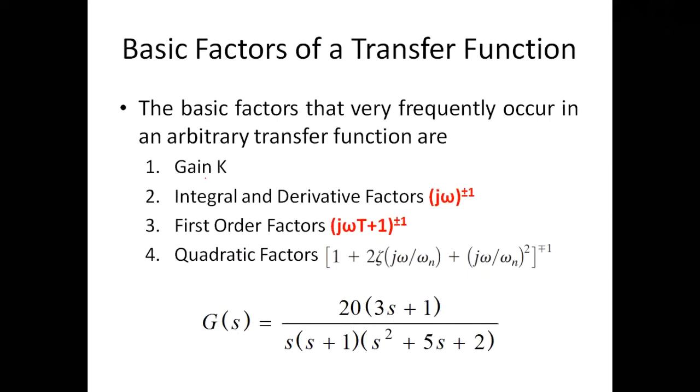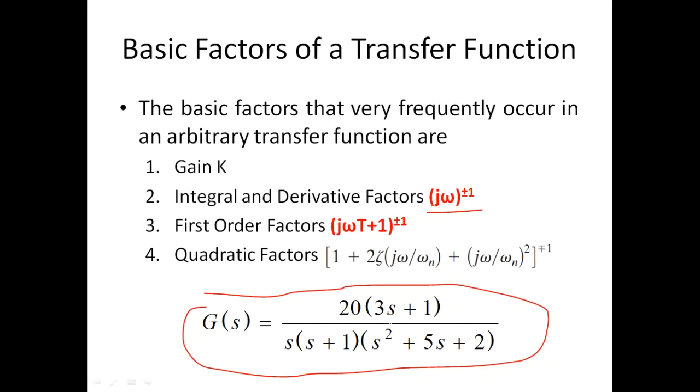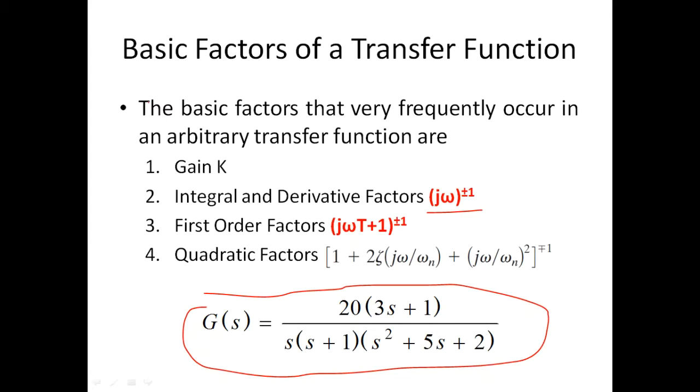There are some basic factors of a transfer function, such as the gain, the integral and derivative factors, first order factors, and quadratic factors. For example, if we have G(s) equals 20 times (3s plus 1) divided by s times (s plus 1) times (s squared plus 5s plus 2), the question now is how to plot the Bode diagram by hand without software.